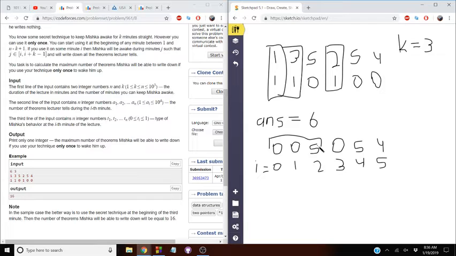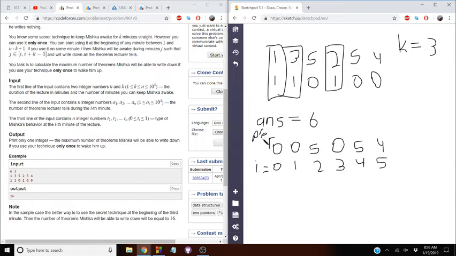So another option is I could use something called prefix sums. And here's how prefix sums work. For prefix sums, I simply, okay, let me just add the prefix sums up here.